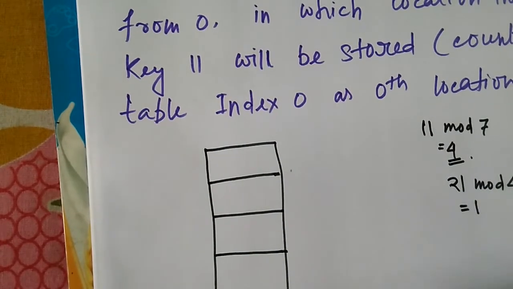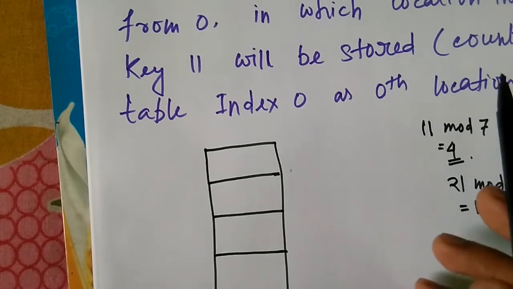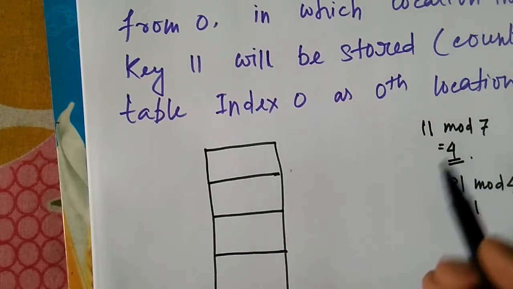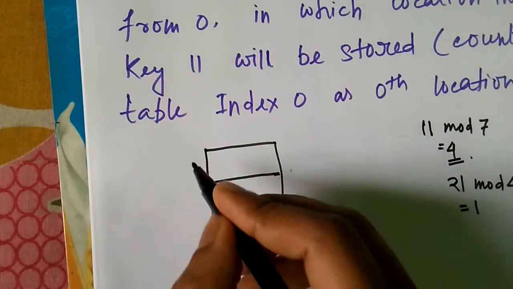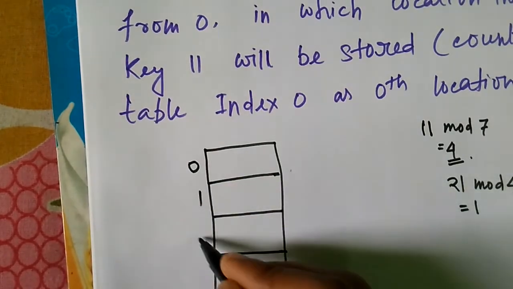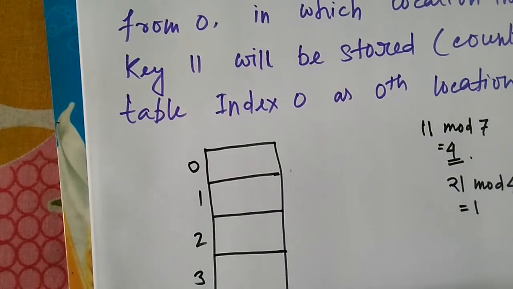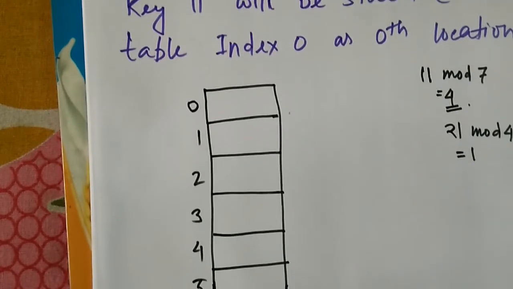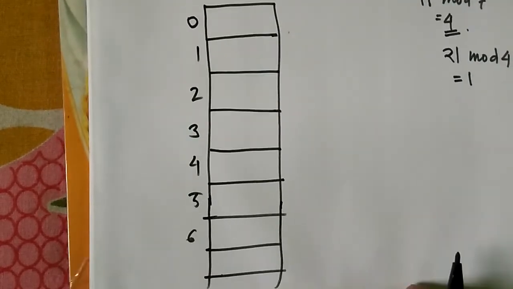I am numbering them as mentioned in the question, counting table index 0 as the first. So this is 0, 1, 2, 3, 4, 5, 6, 7, 8 and so on.